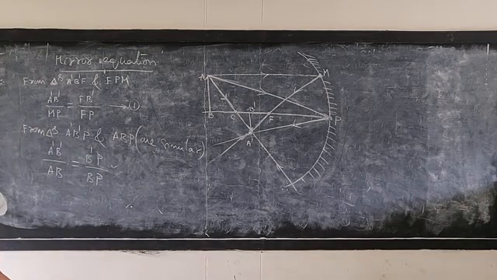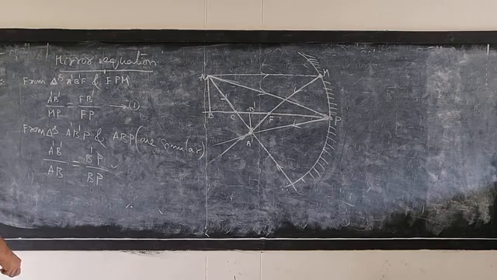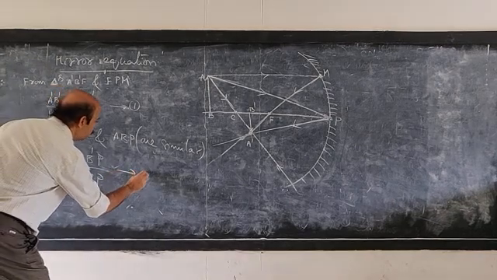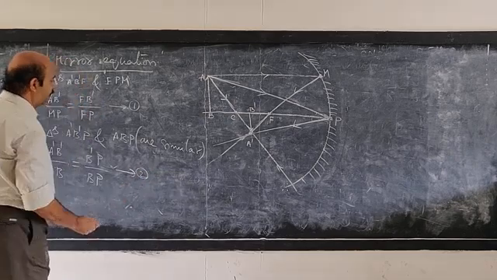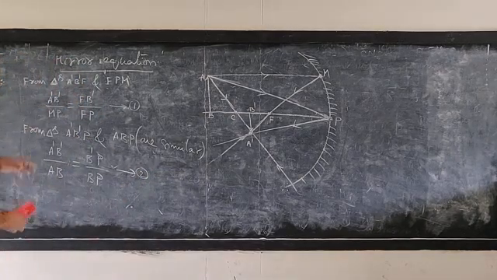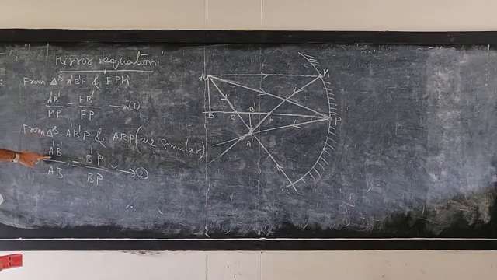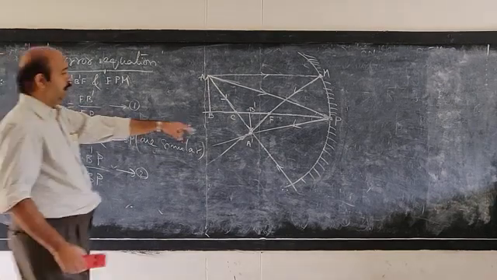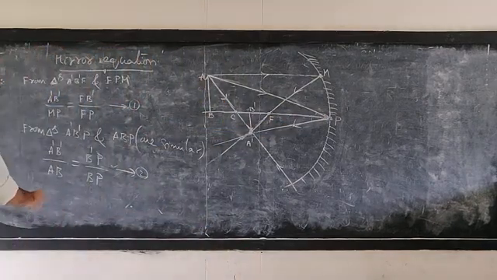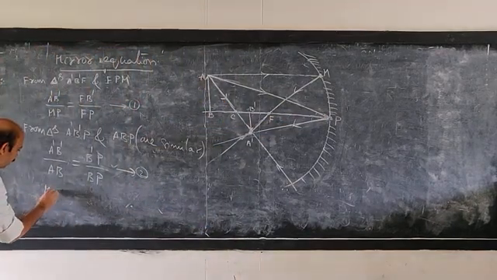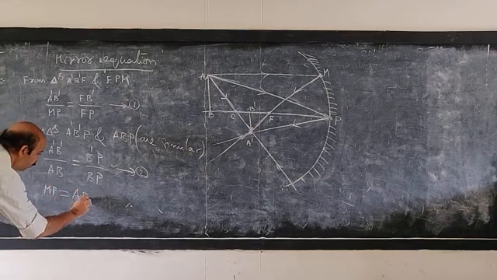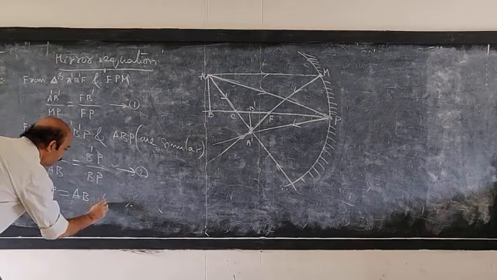If you observe these two equations, they must be equal because A dash, B dash is common. Here MP is nothing but the linear size of the object, so MP is equal to AB from the figure.